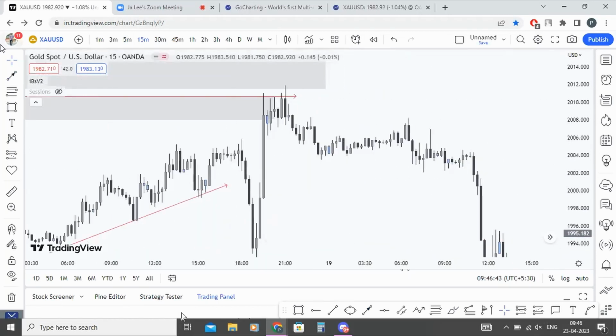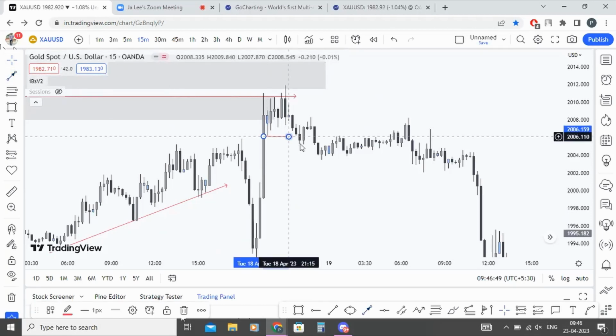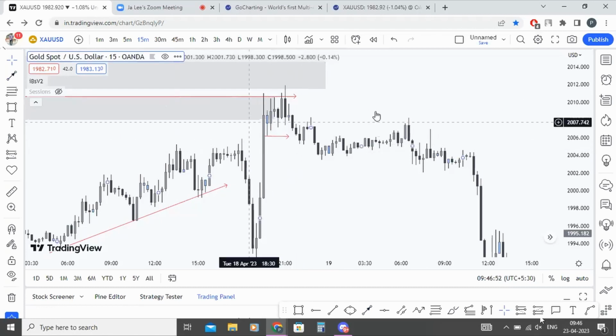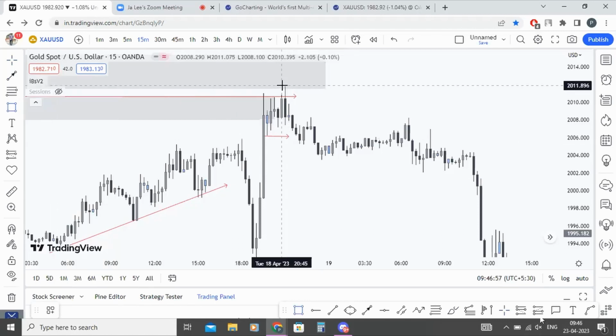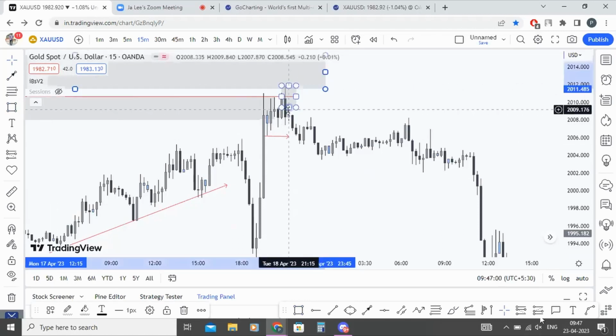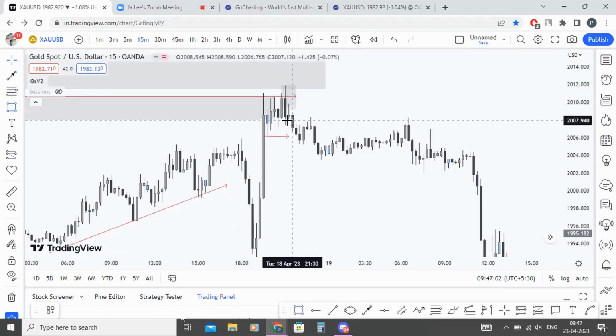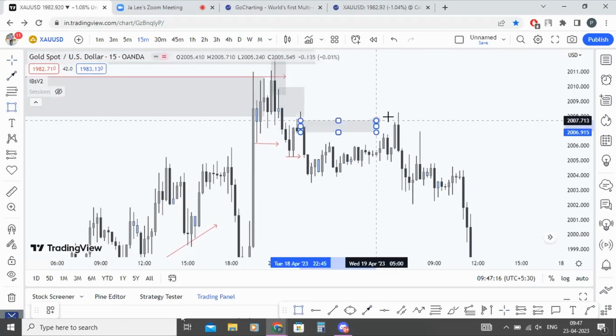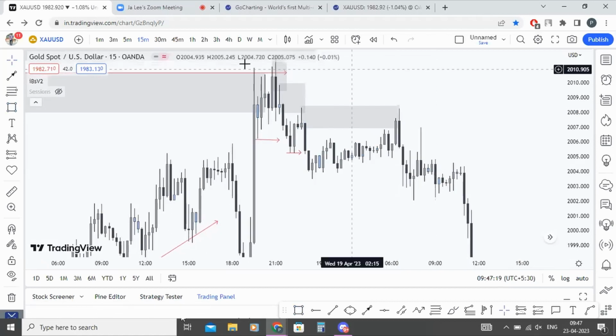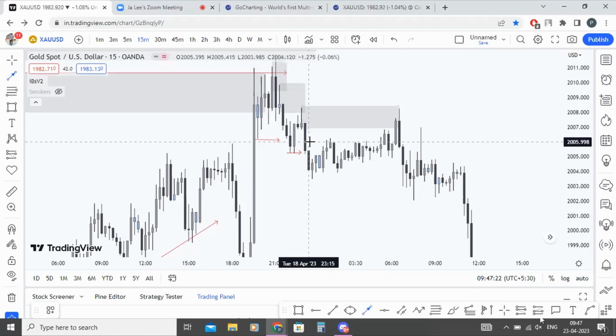So we see this is some kind of lower time frame demand right here. It breaks right here. So this supply was holding right here with this tap, and this supply was holding right here, and again some kind of break right here, and we have this POI, this one, and this as a liquidity.